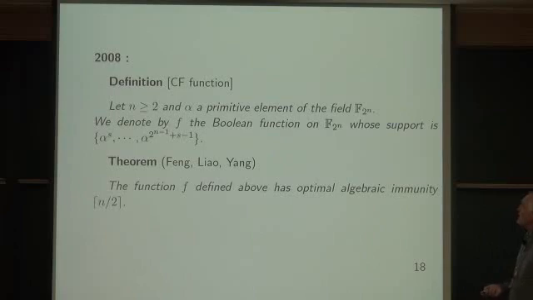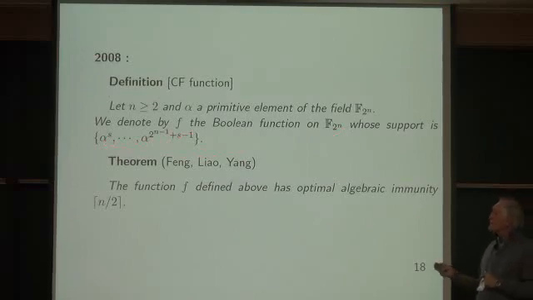And with Keqin Feng from Tsinghua University, we studied a function that they had studied there. And this led to a function which is pretty efficient. So the idea of the function is that it's viewed as over the big field, and it's given by its support, which is a string of consecutive powers of a primitive element.